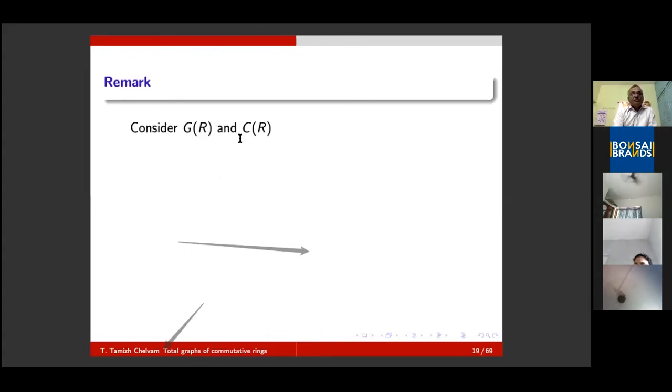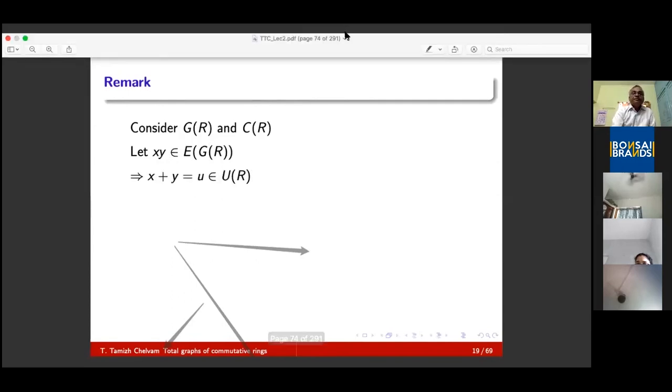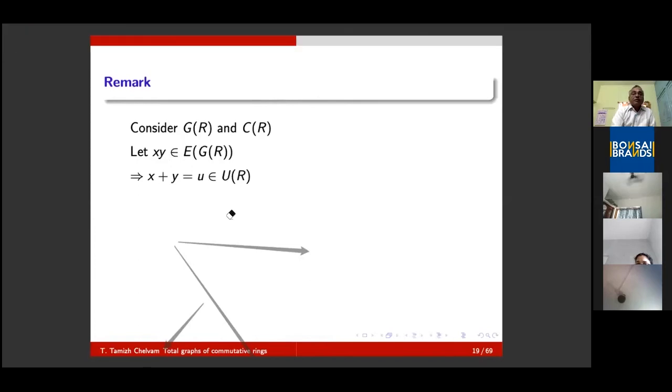Consider the two graphs: in one, X plus Y is a unit; in the other, Rx plus Ry equals R. Both graphs have the same vertex set, namely R. Suppose XY is an edge in the unit graph. By definition, X plus Y is a unit, thereby U has a multiplicative inverse.